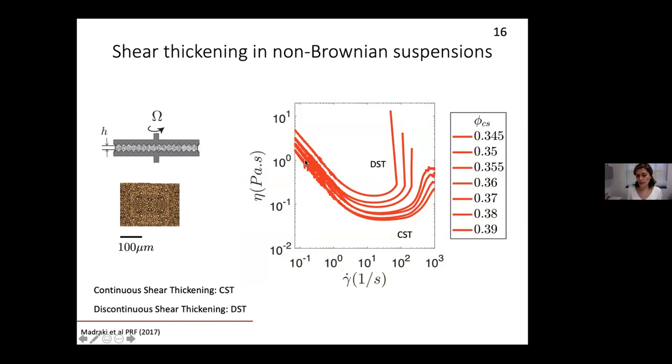Initially, the material acts like a shear thinning liquid, and it exhibits a plateau at some point, and then the viscosity rises. Depending on the solid volume fraction, at some point there is a huge jump in the viscosity. We call it discontinuous shear thickening, versus a continuous rise in viscosity, which we call continuous shear thickening.